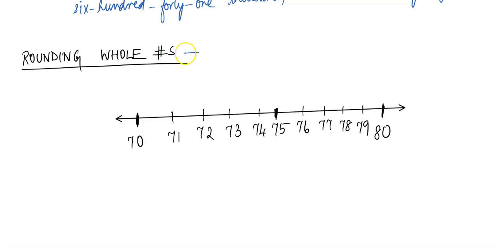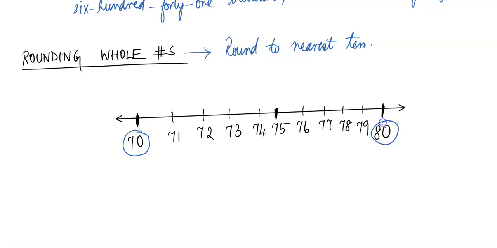So rounding a whole number is the same as rounding to the nearest 10. When we say the nearest 10, notice that these are the tens, in the extremes. So it's either the 10 with a 0 there, or the 10 here with a 0 there.